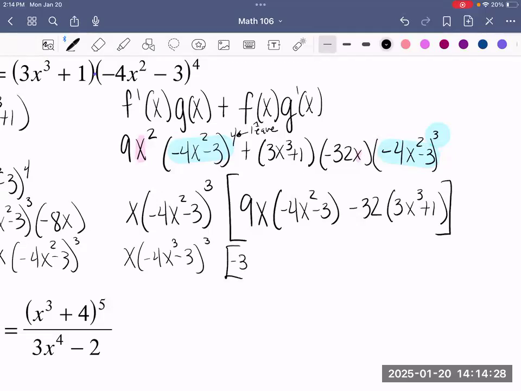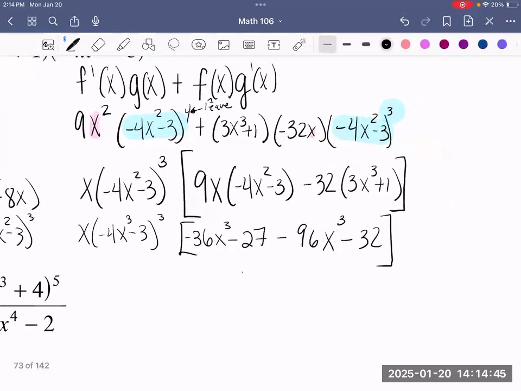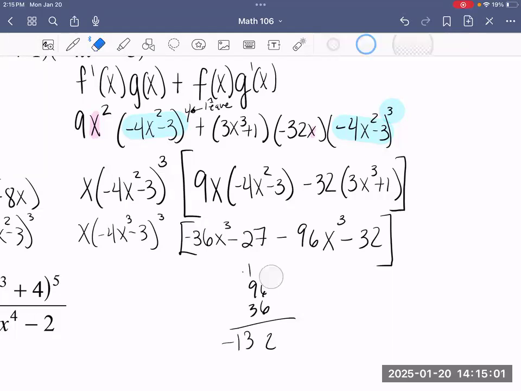That's negative 36x cubed minus 27. That's 9x cubed minus 32. Let's keep simplifying. We have 96 and 36, so that's negative 132.